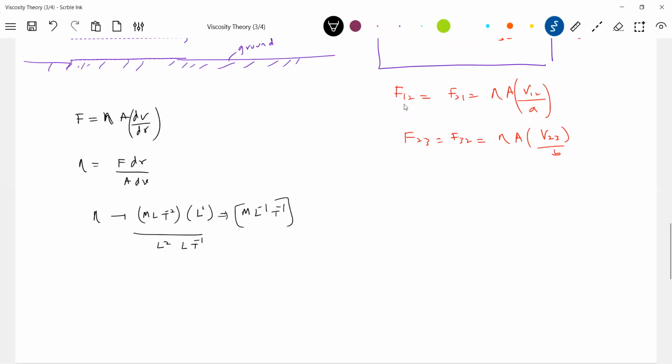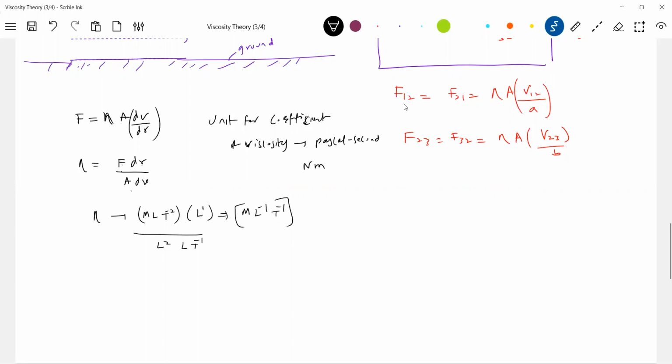Come here. Now, force by area will become Pascal, no? And distance by time, so time will come, so Pascal second. So what can be the unit for coefficient of viscosity? It should be Pascal second here. The unit for coefficient of viscosity is Pascal second. So how do we write that?